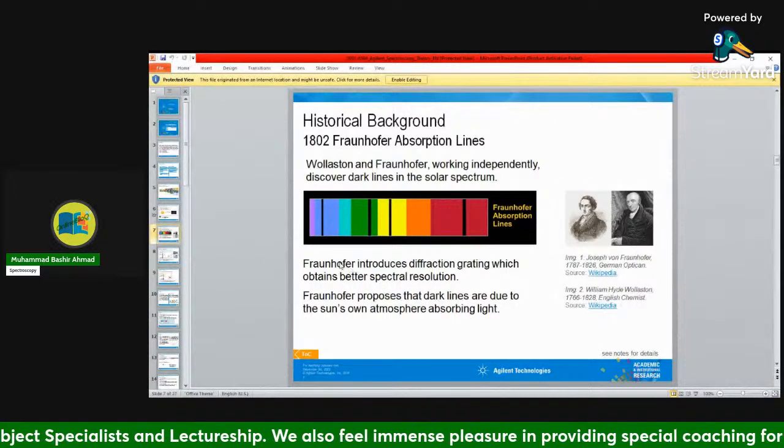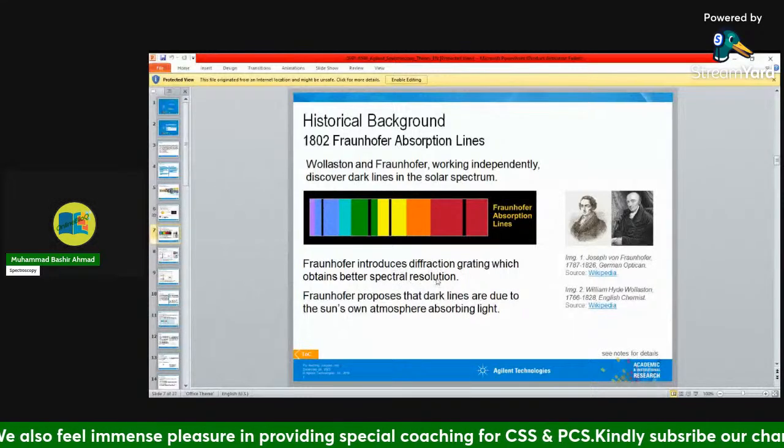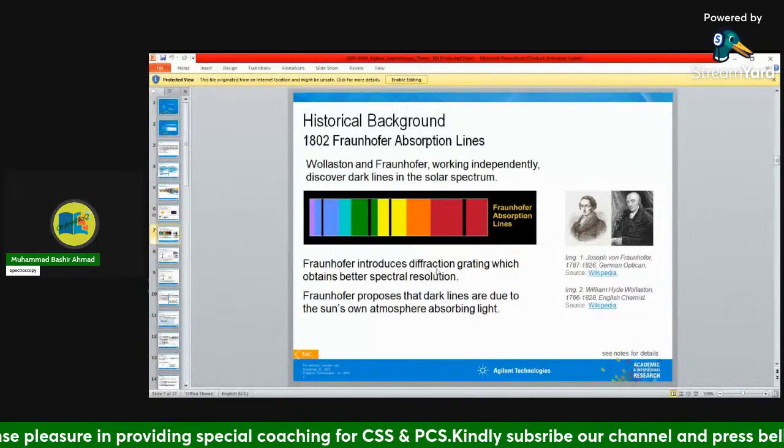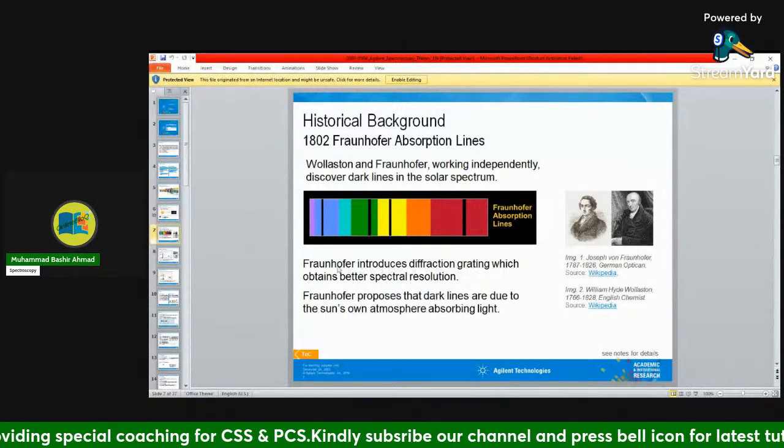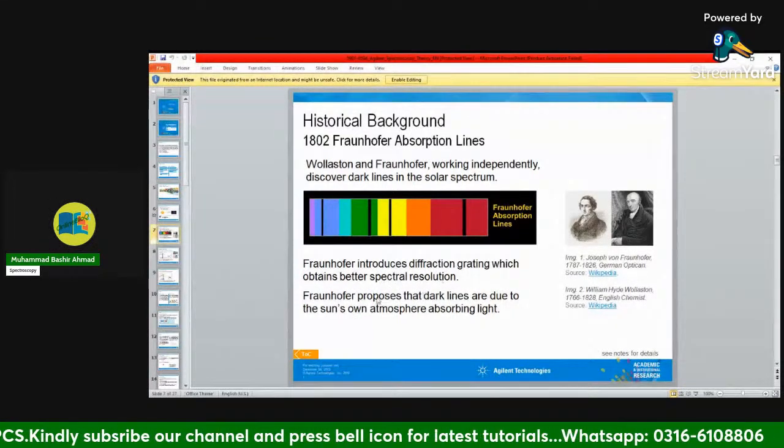Fraunhofer introduced the diffraction grating to obtain better spectral resolution.